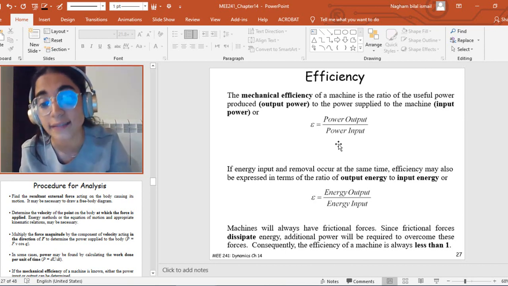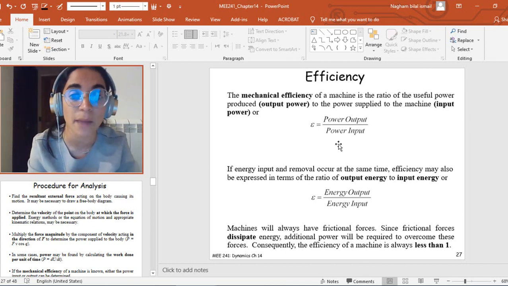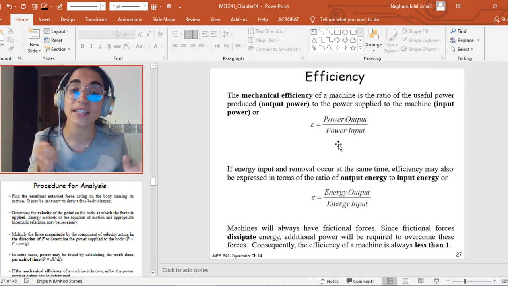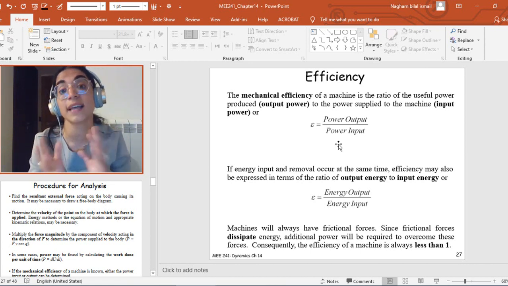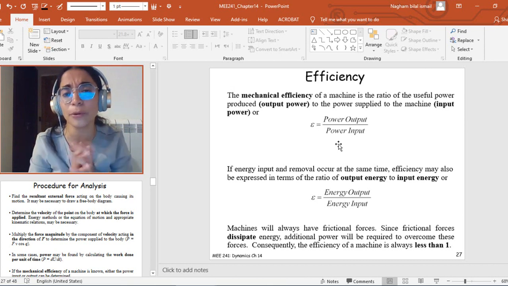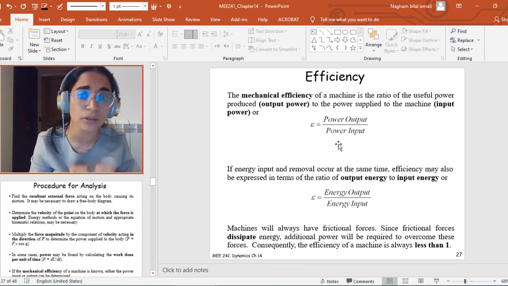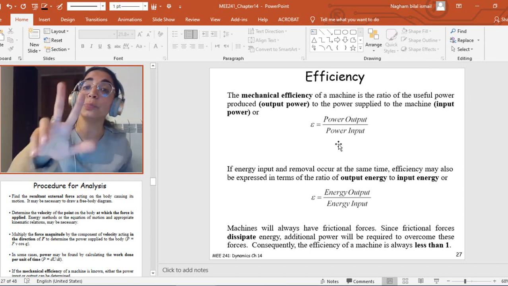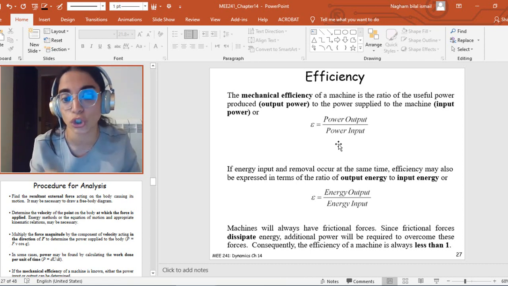And in this case, guys, the efficiency of my system will not be equal to 1. In fact, for gears, the efficiency is very high and it's about 97%. So what does this number mean? If the efficiency is about 97%, this means, guys, that I have 3% of lost energy, all right?